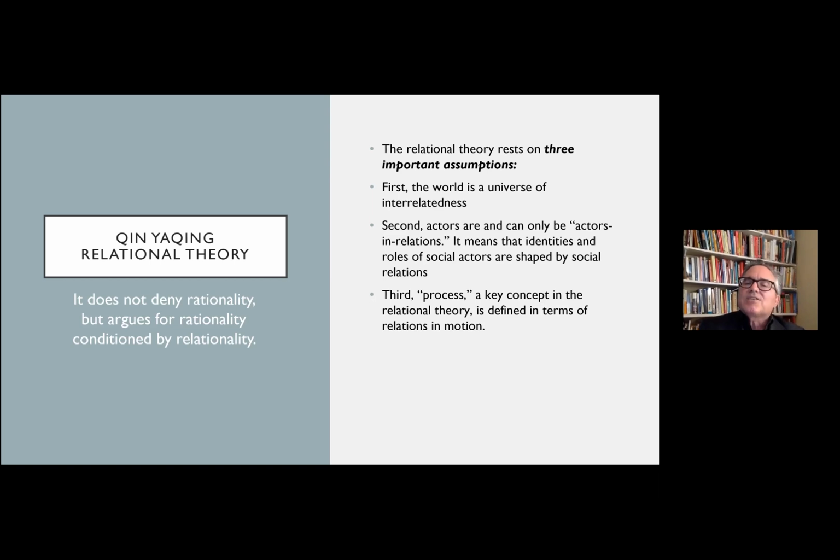The second assumption is that actors are only actors in relations. That means that the identities and roles of social actors are shaped by social relations. You really don't have any absolute identity of the self. It's constructed, and you are reconstructed in relations with others and with the relational totality as a whole. You might think about the Chinese game Wei Qi or Go, where all the pieces look alike and only gain meaning through their relationship with other pieces.